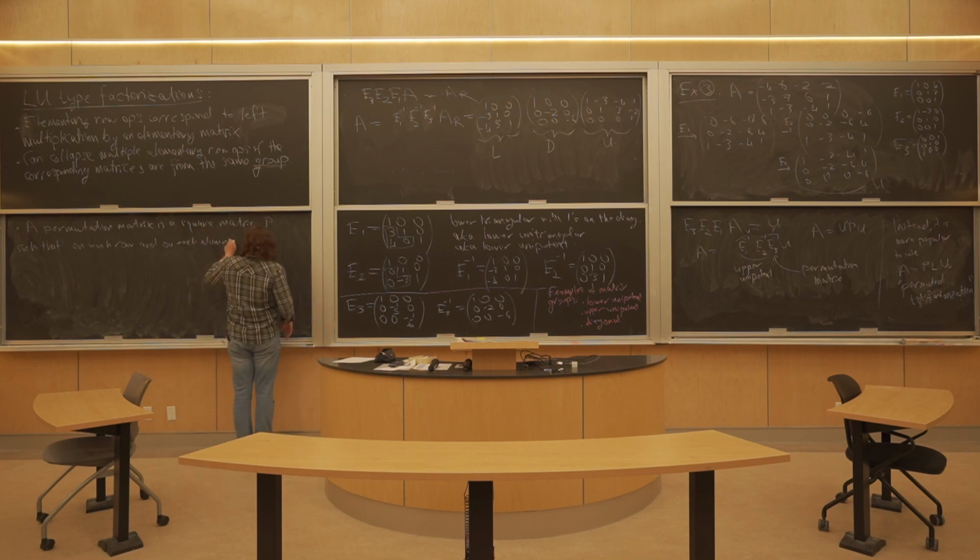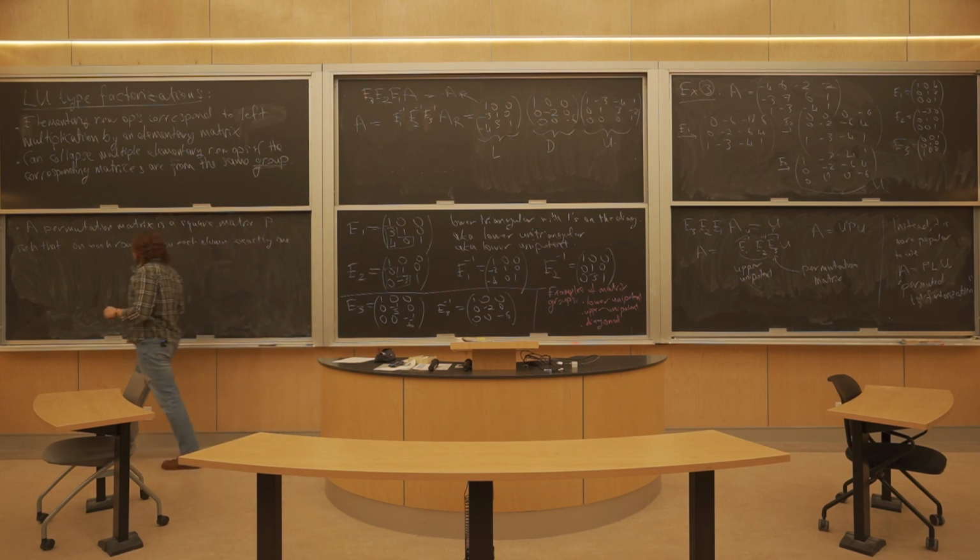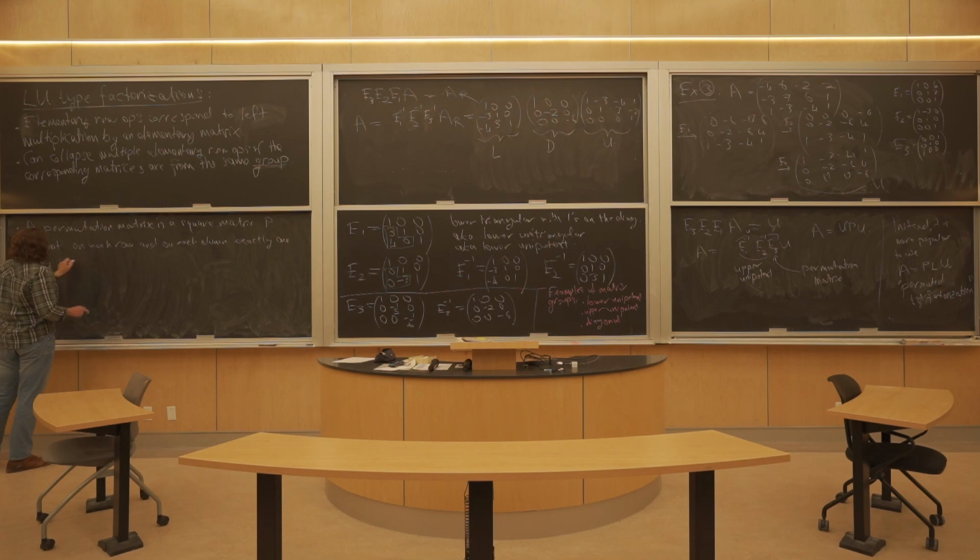On each column, exactly one entry is 1, and all other entries are 0.